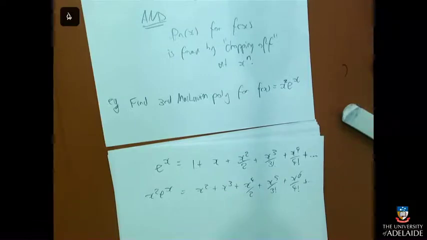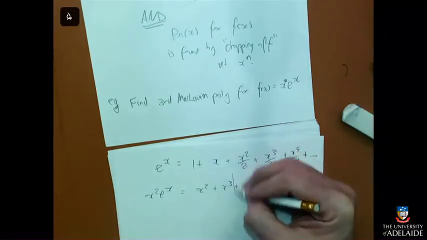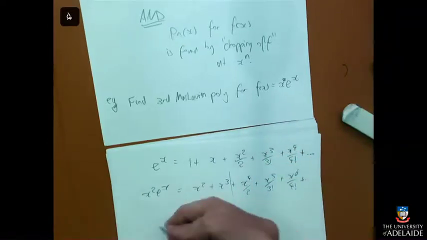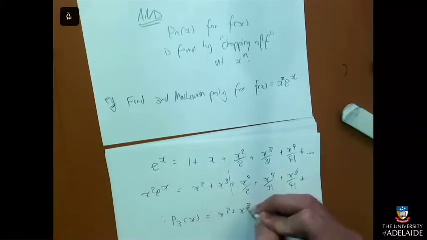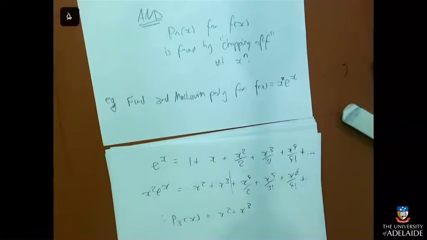So if I want the third Maclaurin polynomial, I'll chop it off here at x cubed. Ta-da! That's it. Isn't that fun? Way more fun than finding the second and third derivative of x squared e to the x.